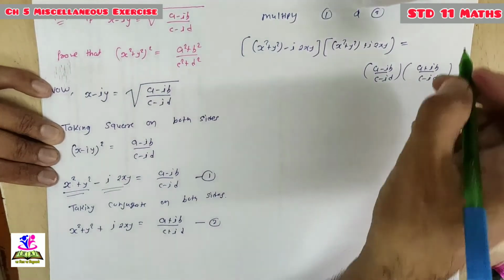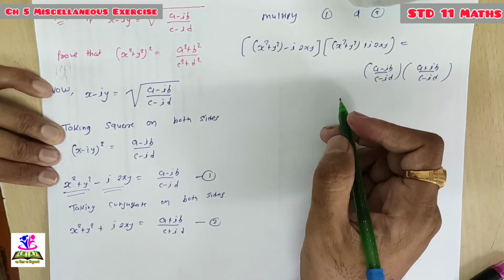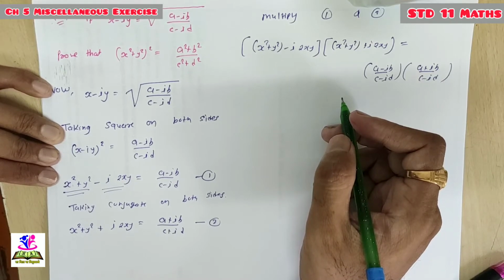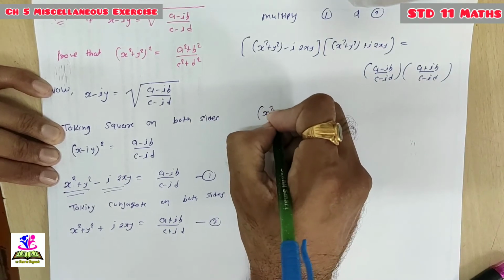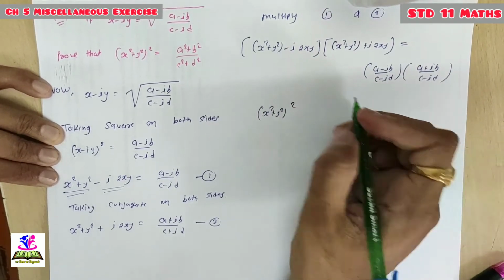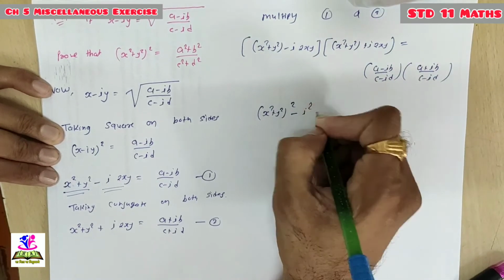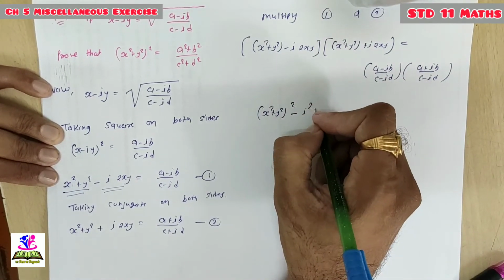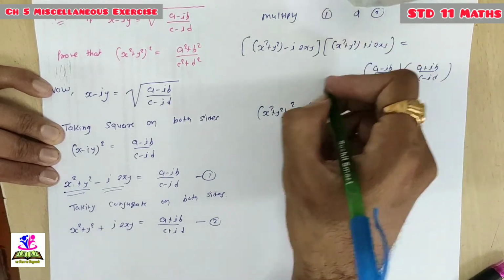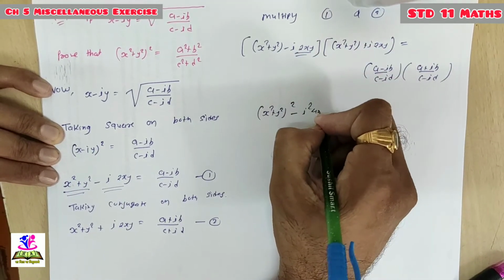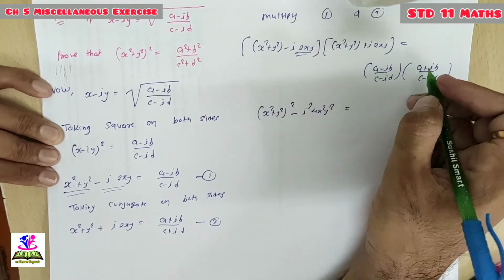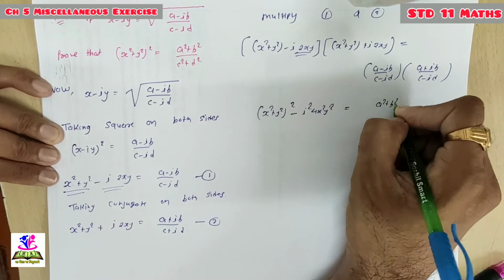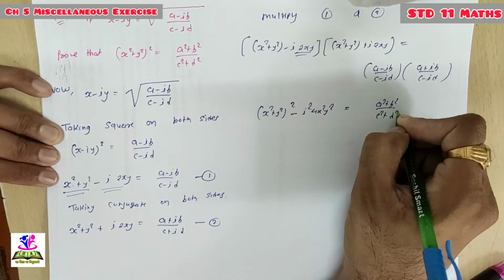So the product of complex conjugates is mod z square, that is real part square plus imaginary part square. So real part square plus imaginary part square is this one, x square plus y square whole square minus, its square i square, so this will become plus. It's i square into 2xy square, which is 4x square y square, and this is equal to (a minus ib)(a plus ib), so it's a square plus b square, same denominator, c square plus d square.